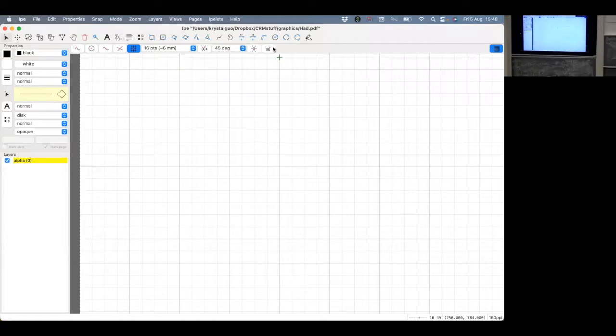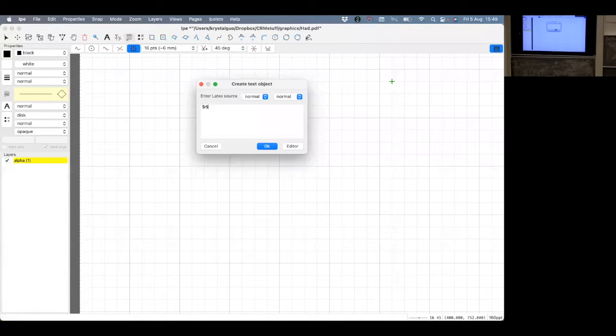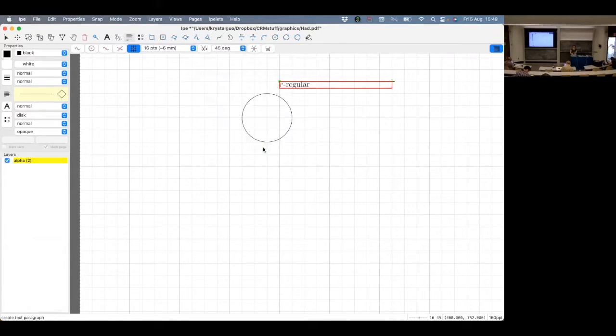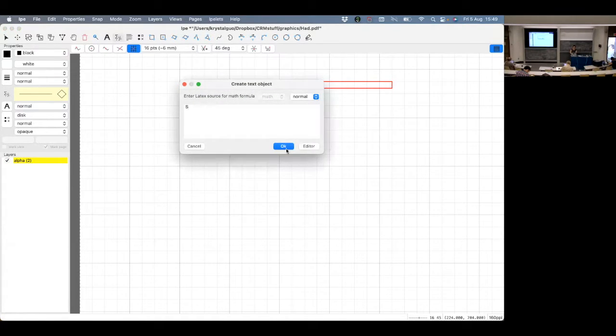A Godsil-McKay switching set is this: suppose you have your graph, this nebulous cloud, and there's a subset of vertices S somewhere that induces a regular graph. So in a graph, you have some subset of vertices S which induces an r-regular graph.